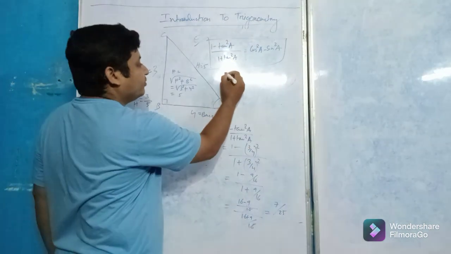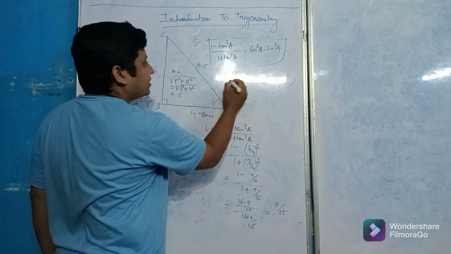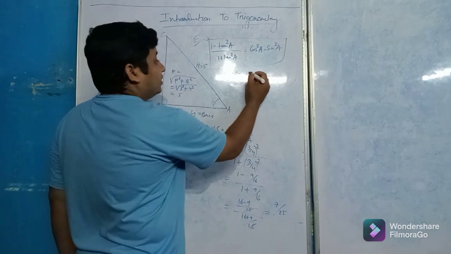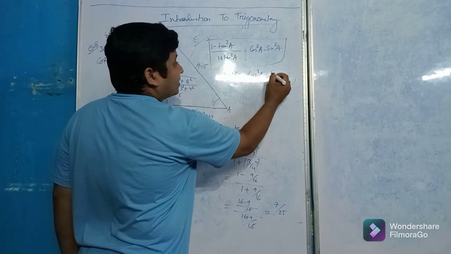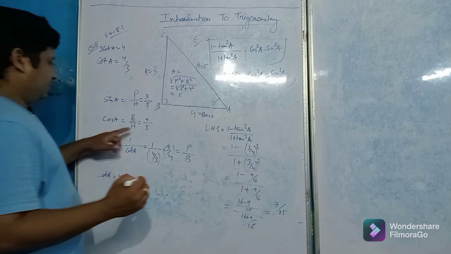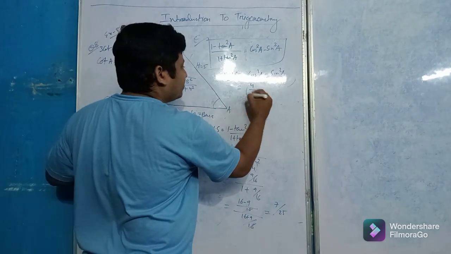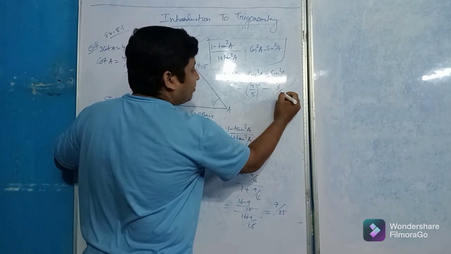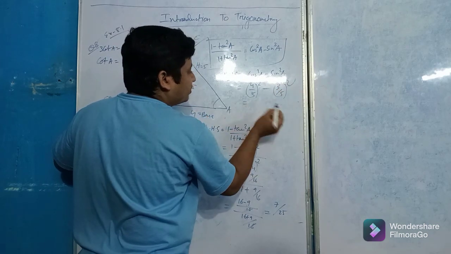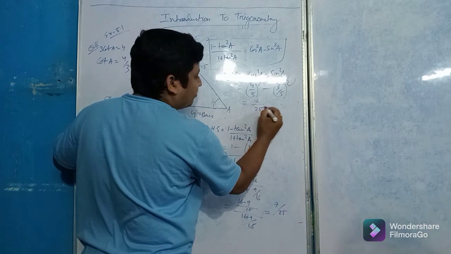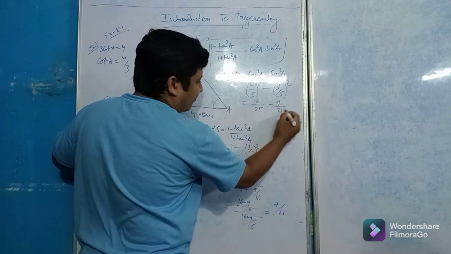So now we will be further doing RHS. Let us check whether it is coming 7 by 25 or not. RHS is given cos square A minus sin square A. Cos square is 4 by 5 square minus sin equals to 3 by 5 square is given. Now it can be written as 16 by 25 minus 9 by 25.